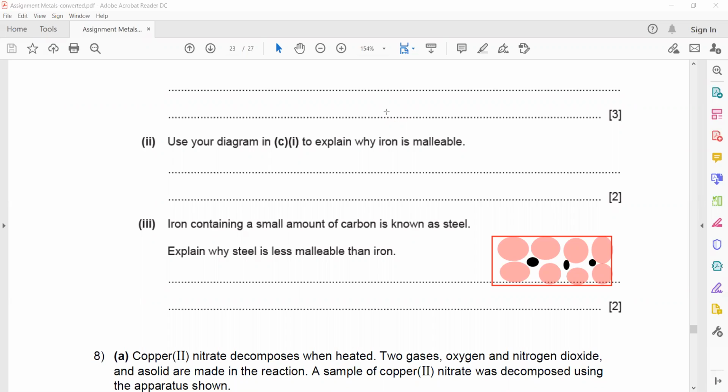The question is to explain why steel is less malleable. Because it contains different sizes of particles, so there is more friction between the layers and they cannot slide easily.